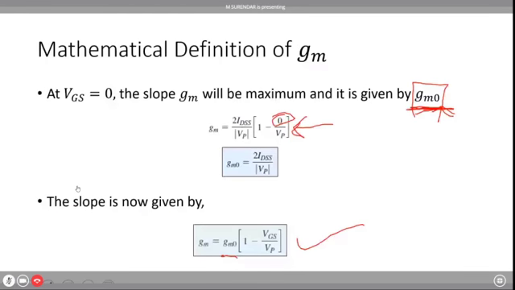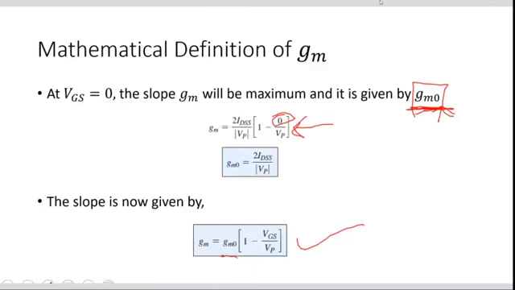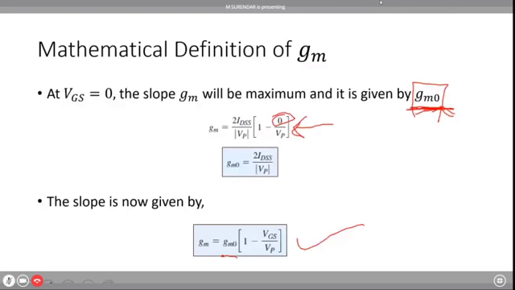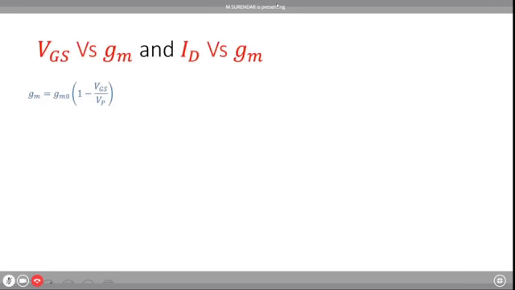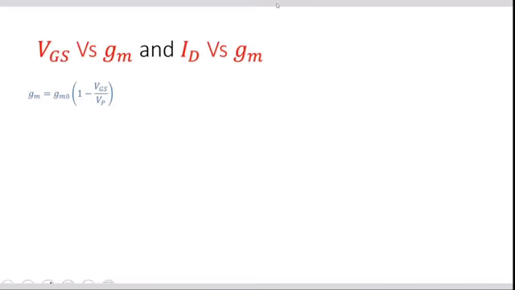Now we will see the plots for this transconductance: how the transconductance varies with VGS, and how it varies with ID. First, transconductance as a function of VGS.